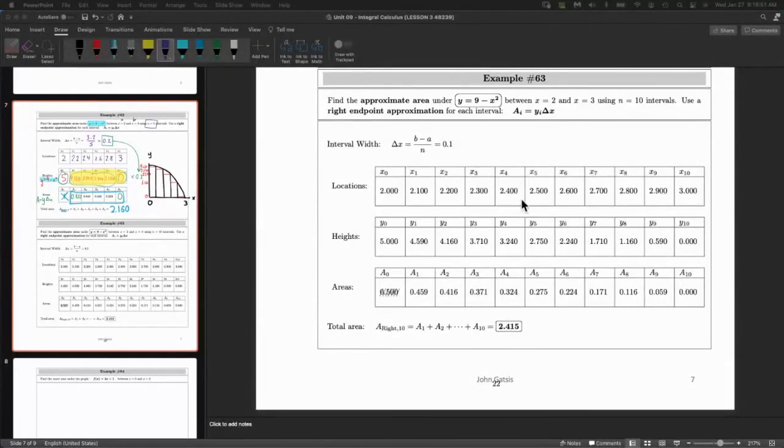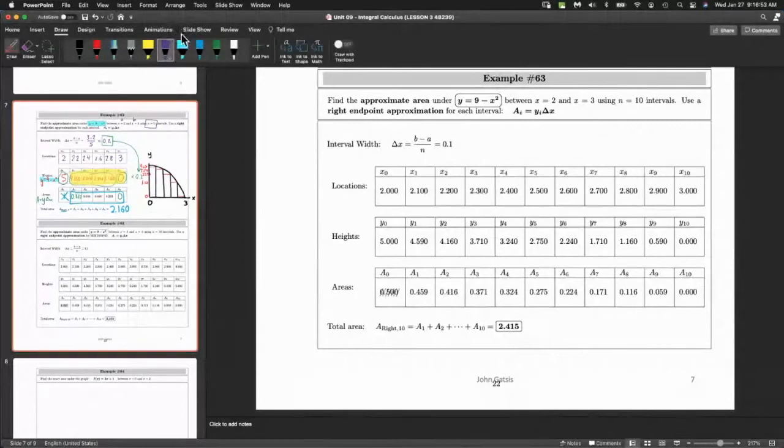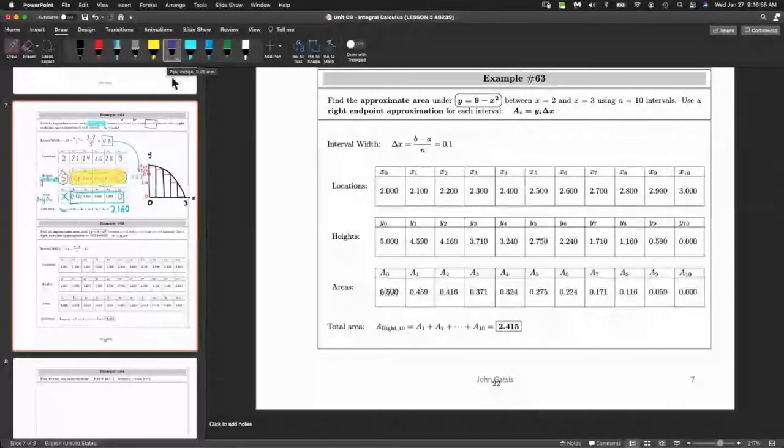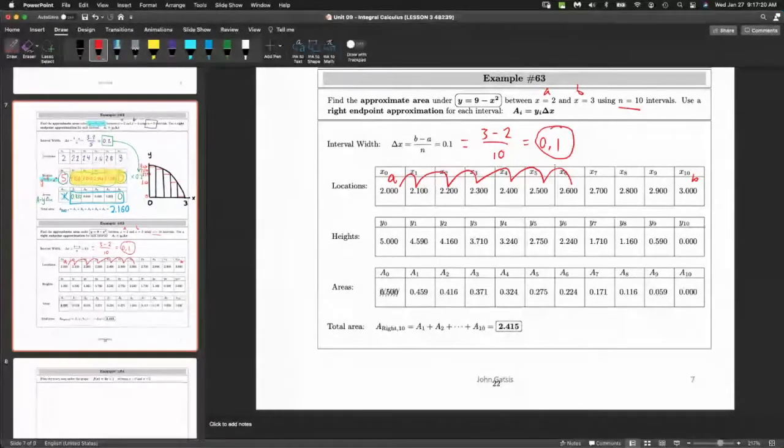So let's just talk about the answer to 63 here. Hopefully you had a solid break to practice this. I'll just give you the highlights. In this case, it's b minus a, which is 3 minus 2, divided by 10, because that's a and that's b, and n is already there. So that's 0.1, and that's a here, and that's b here. Then as you hop along from box to box, you're just adding 0.1.